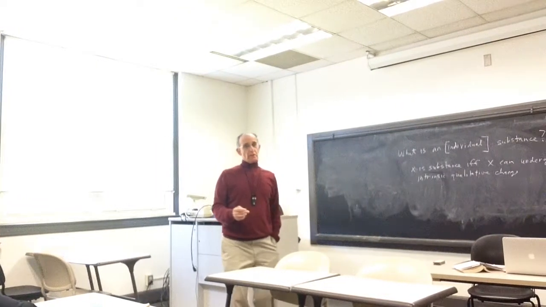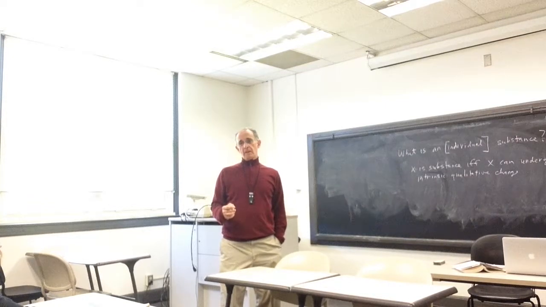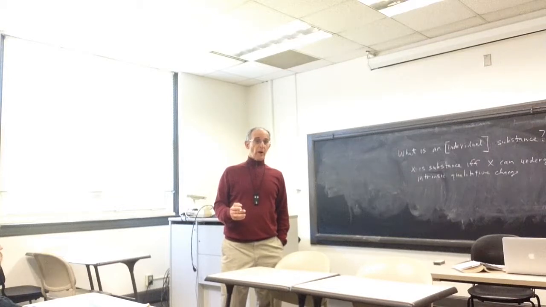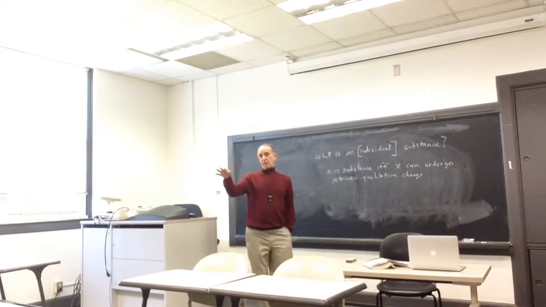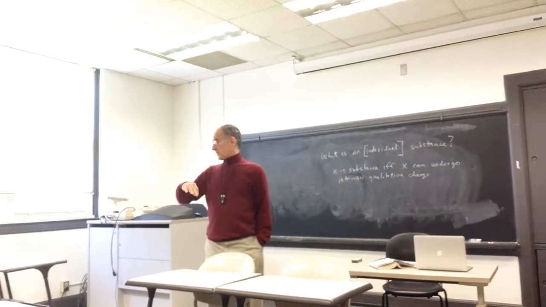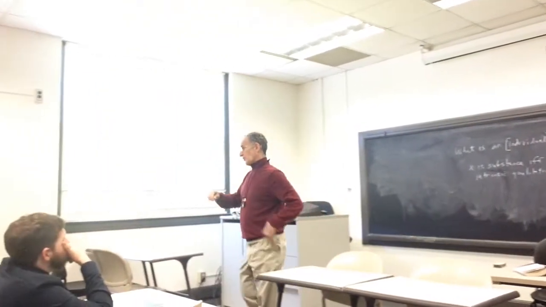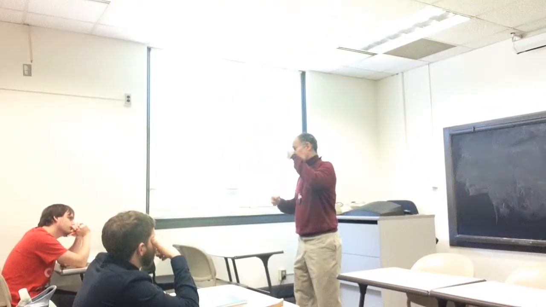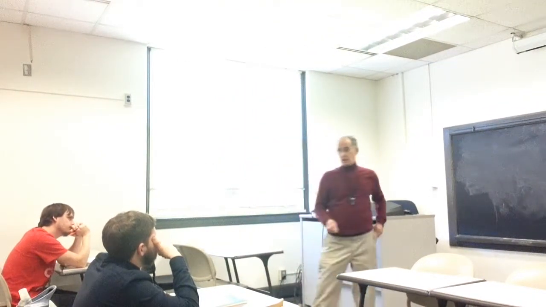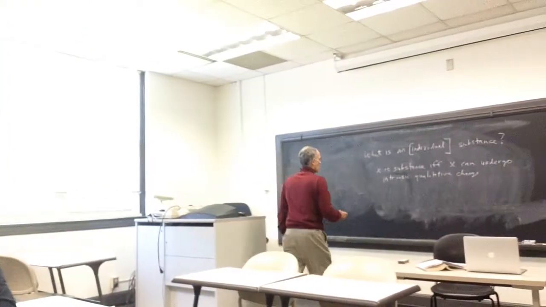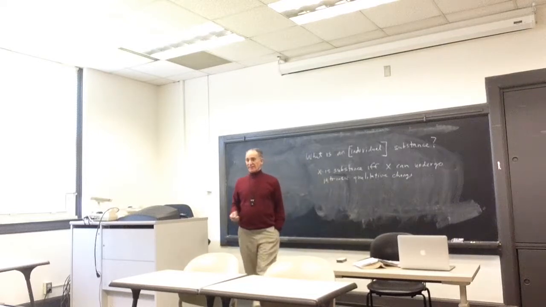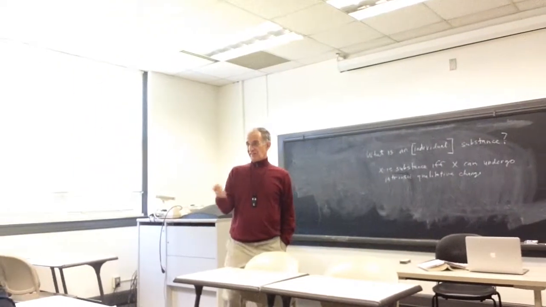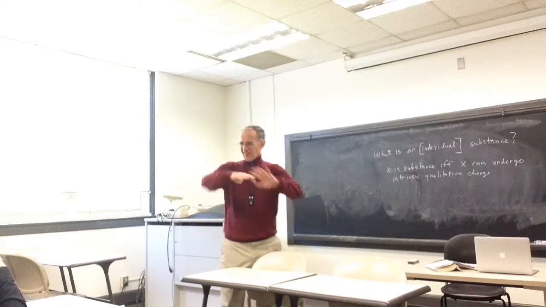Another problem has to do with things like limits, like the surface of a ball, which is a boundary. So the surface of a ball is not a substance. It depends on the substance in some sense, right? So if you have a ball, you'll have a surface, but you can't have that surface without a ball. The surface can't exist on its own, right? It has no thickness, it's just the surface of a ball.